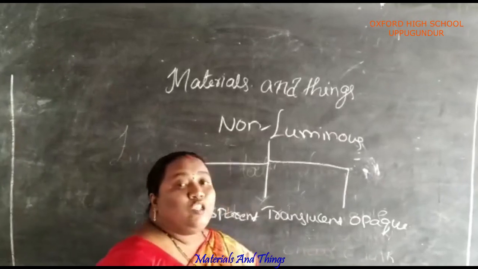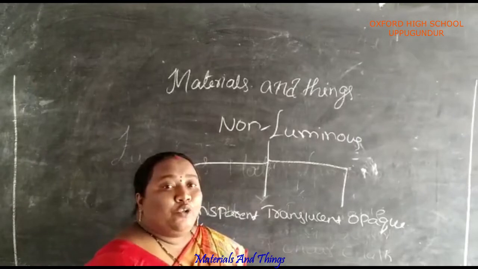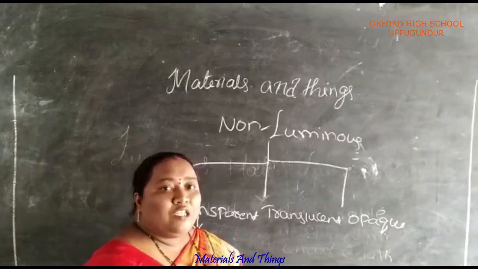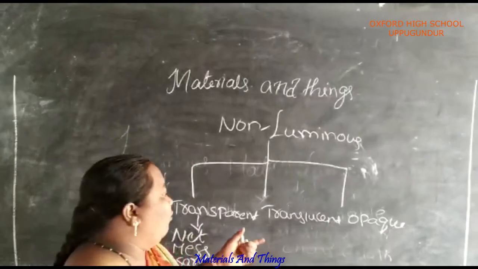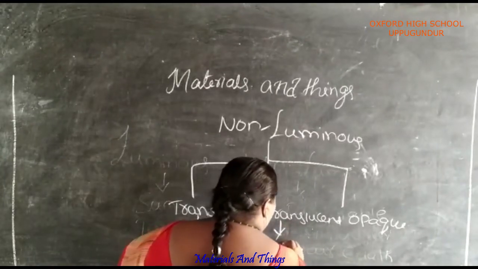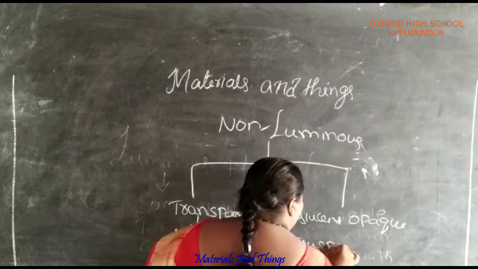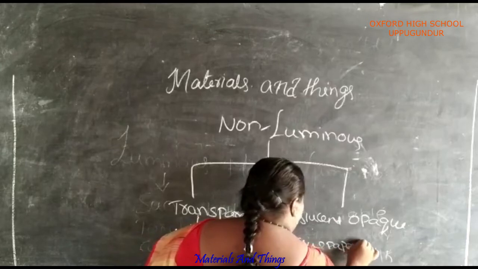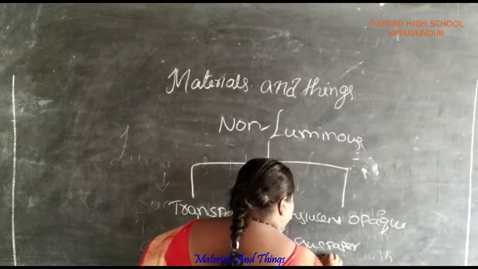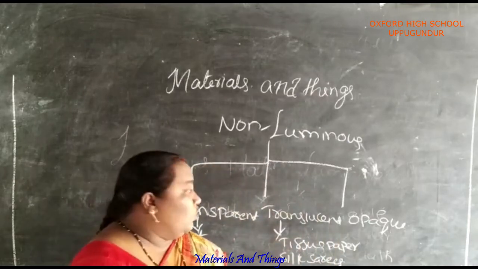Next, translucent. What is meant by translucent? Objects which allow the light to pass through them partially. Example: tissue paper, silk sarees, etc. They are called translucent.